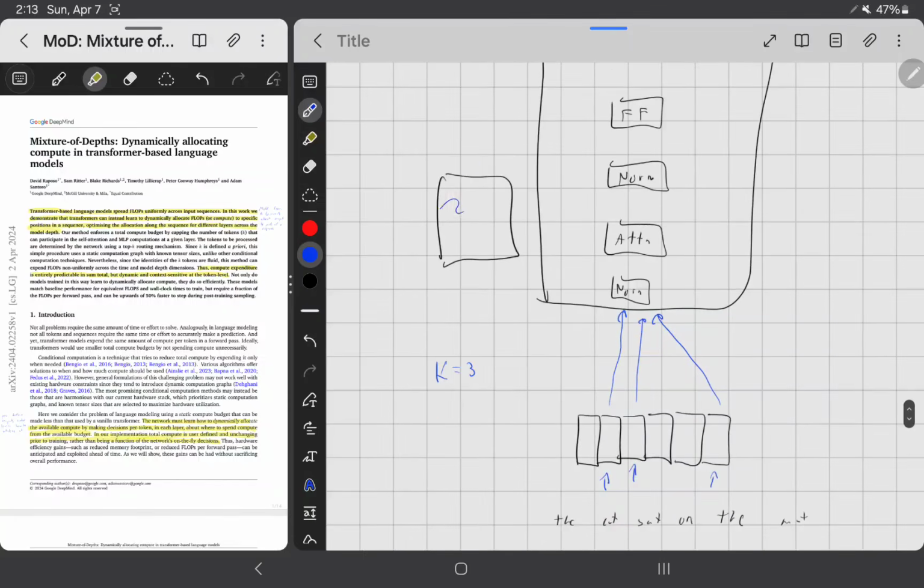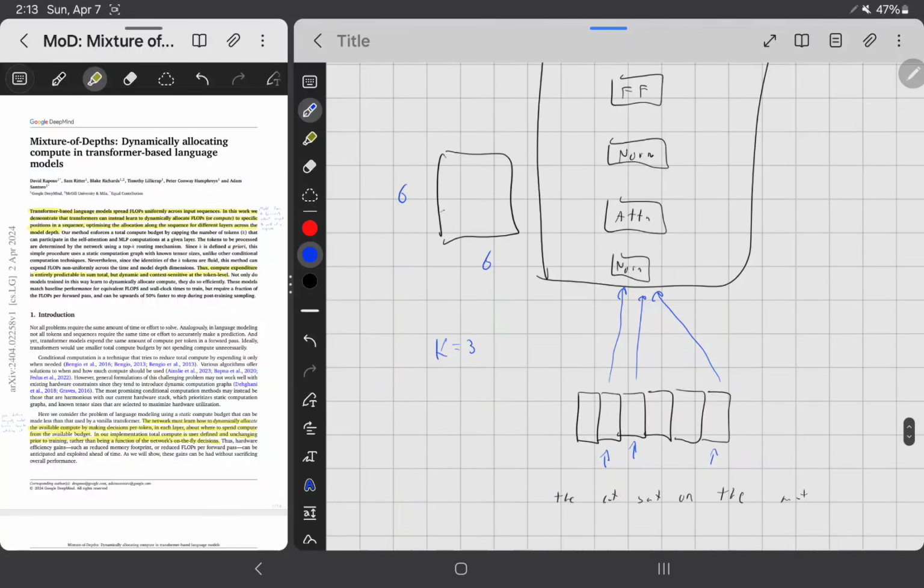So if this was a 6x6 matrix, because you have 6 tokens, you would only utilize a 3x3 matrix for these 3 tokens. So the memory savings you can get is quite significant. And that also means the FLOPs are utilized better, and that means it'll be faster to do this computation in the end. So doing this has a lot of benefits.